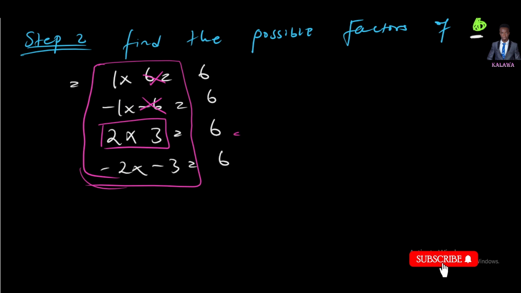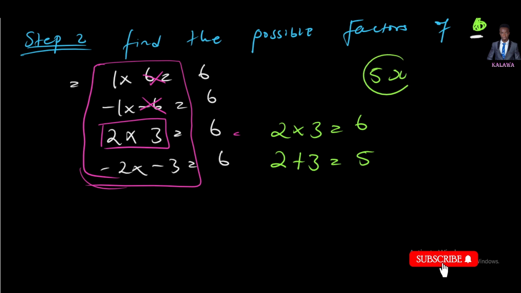So let me place it here for you to understand. 2 times 3 will give us 6, and 2 plus 3 will give us 5. Remember, we have to eliminate the 5x. So since this gives us 5, instead of 5x, it's going to be 2x plus 3x. So this is what the expression is going to be now.